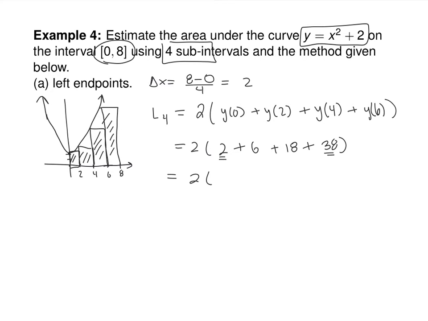Okay, so that adds to 40, 58, 64. Yes? Okay. 40, 18, 6. Yeah, there we go. Okay, 64. And then 2 times 64 is 128.